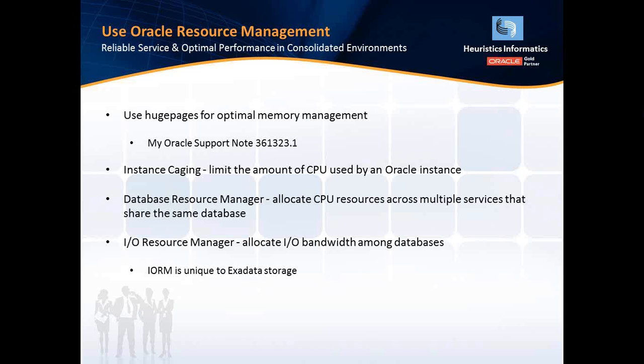And then IORM, or the IO Resource Manager, allows you to distribute IO bandwidth across different databases. So for example, you can configure your data warehouse database to be optimized for read IO, because that's primarily what its function is going to be. Whereas your OLTP databases or your HR database, for example, can be configured for a higher write IO.